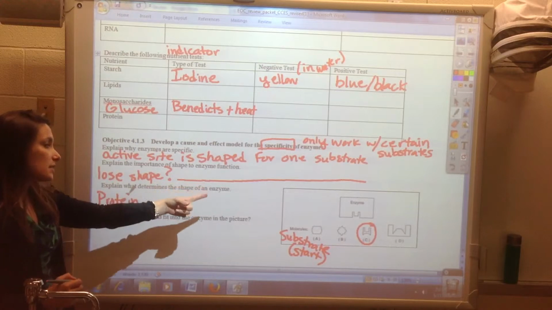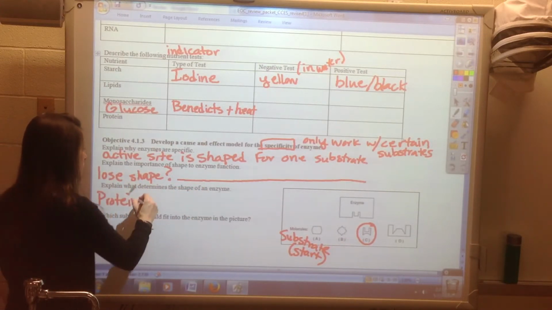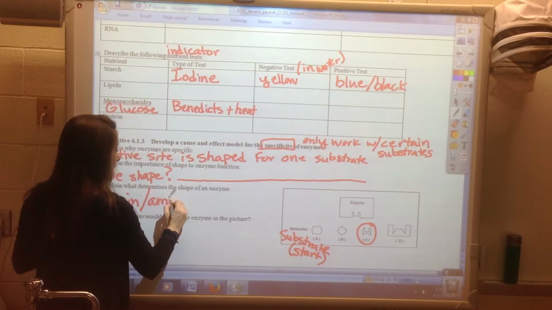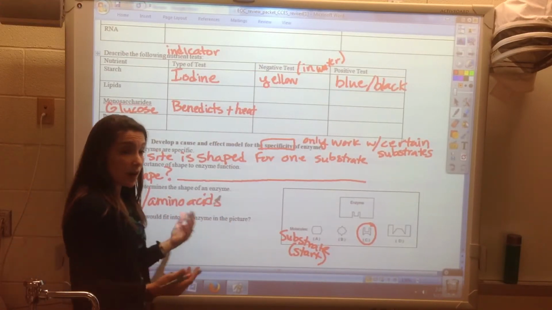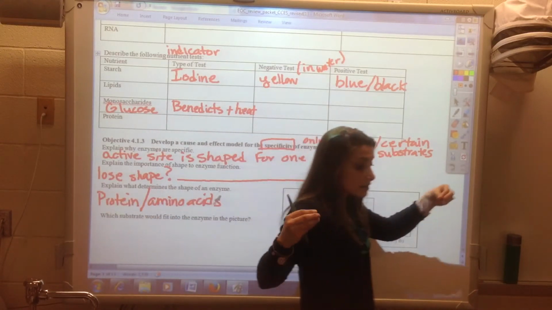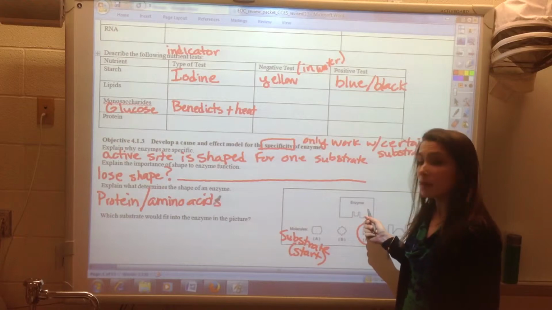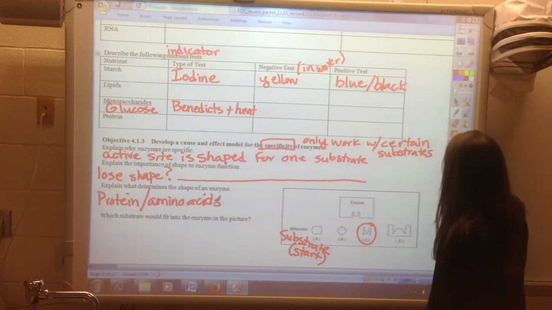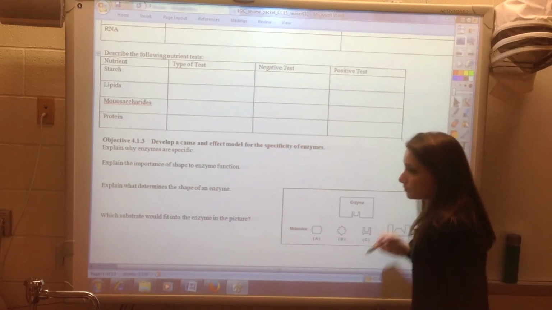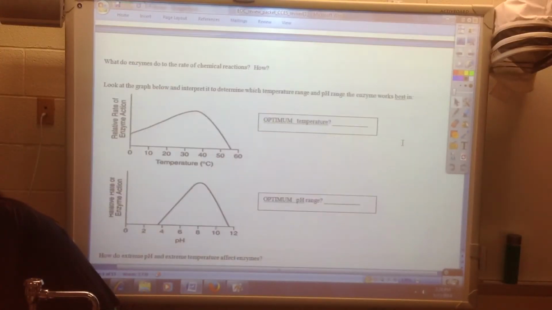And so because enzymes are protein, the shape is determined by the proteins or the amino acids that we put in order. So if you remember from one of the other units, when we put amino acids in order, they form a protein that is a specific shape. And then you've already answered which substrate would fit. And that's the end of page 1.